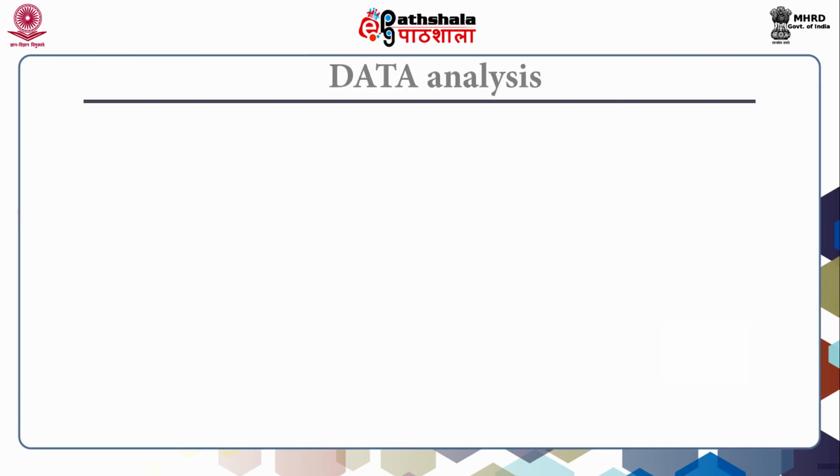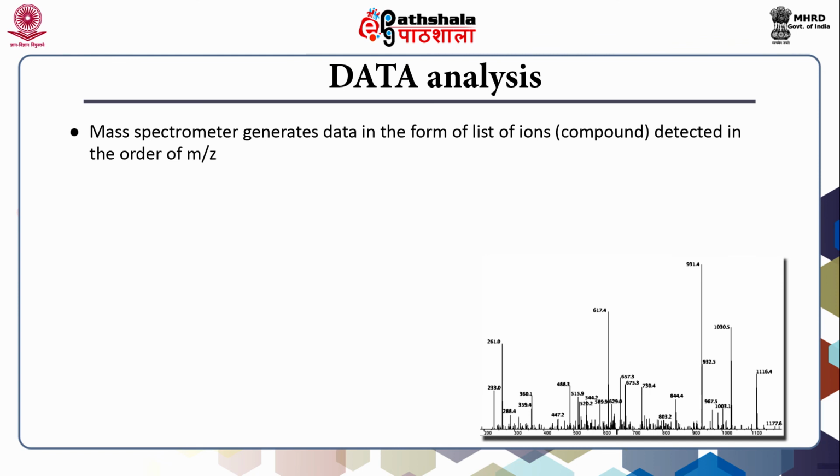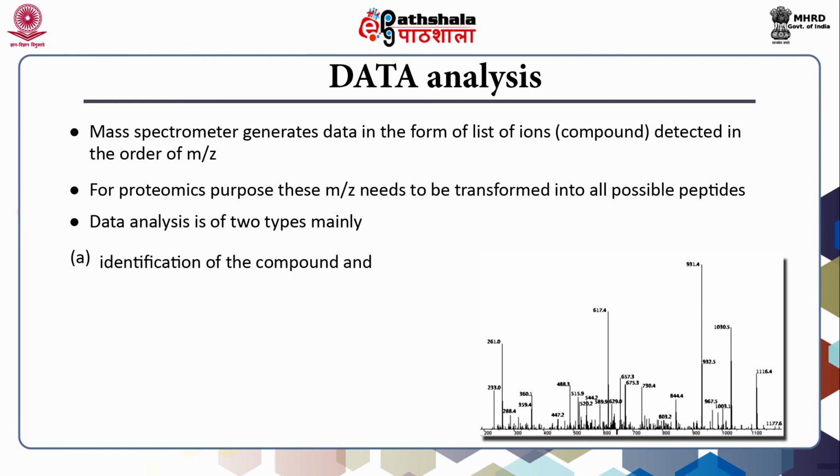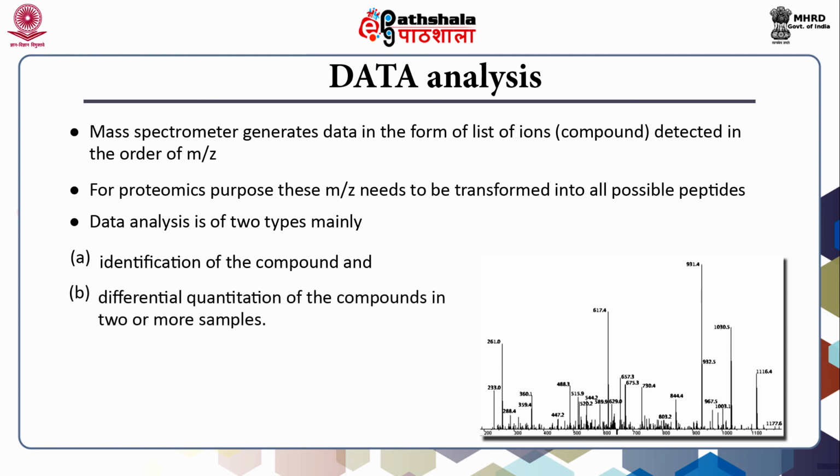So, coming to the data analysis, the mass spectrometer generates data in the form of a list of ions, that is called compounds, which are detected in the order of various mass to charge ratio, that is M/Z. For proteomics purposes, this M/Z needs to be transformed into all possible peptides. Data analysis is therefore of two types mainly. First of all, identification of the compounds. Second, differential quantitation of the compounds in two or more samples.